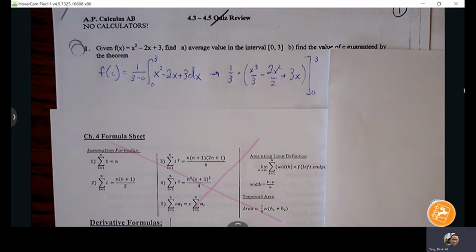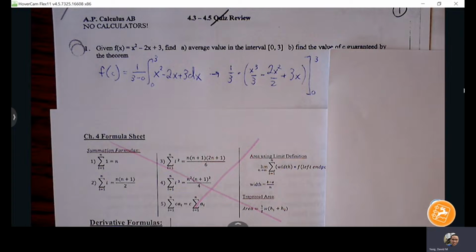Upper bound gets inserted first. And then minus, big parentheses. And now you can involve the 0, or the lower bound.